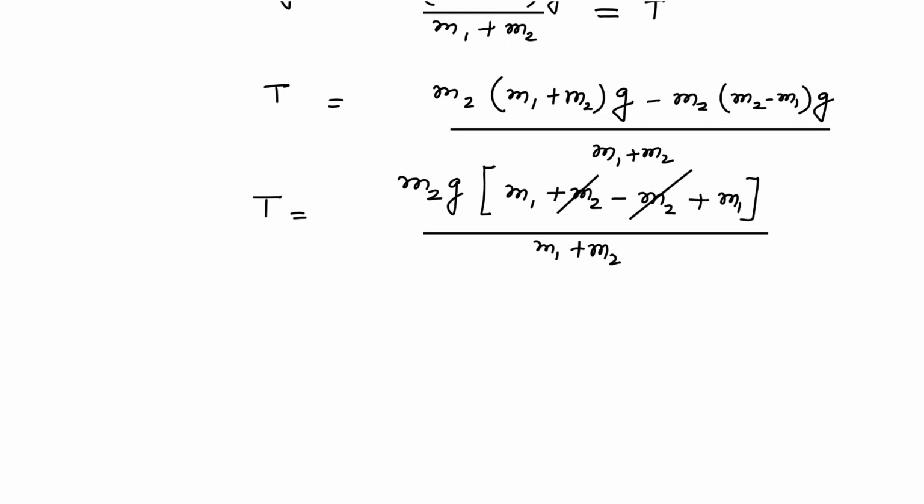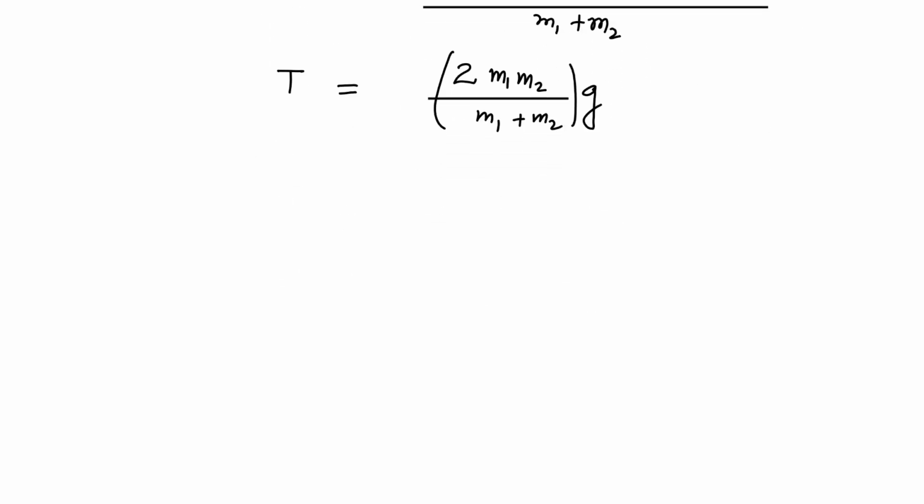You will have tension is equal to 2m1m2 divided by (m1 plus m2), and this multiplied by g. So this will be the corresponding tension in the rope. So now see, we have easily calculated tension and acceleration in the pulley mass system. This was quick.